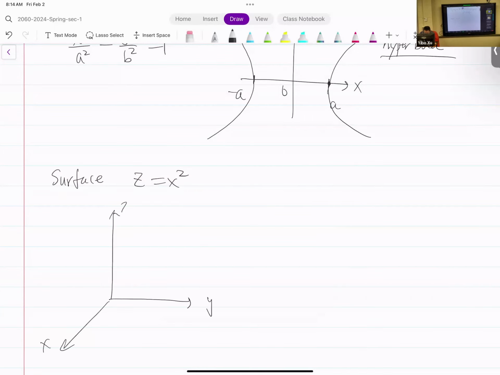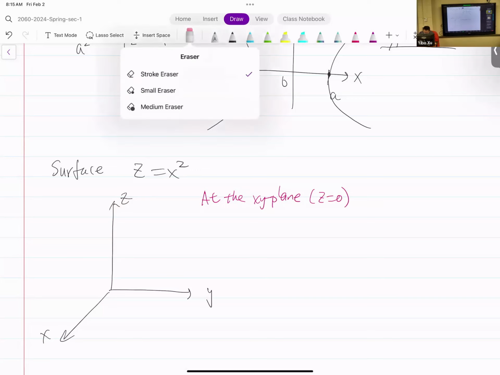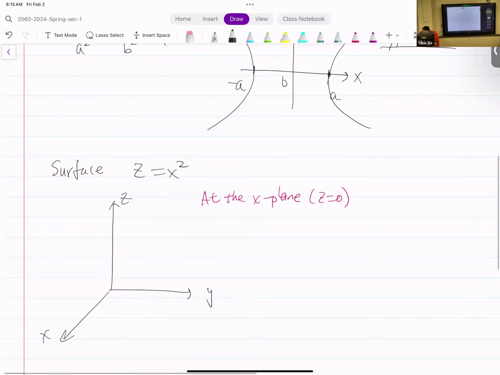On the xy plane, the horizontal plane with no height, that just tells you z is 0. Wait, what did I say? It's the xz plane. It doesn't make sense to make z equal to 0 in this situation because it's not interesting.